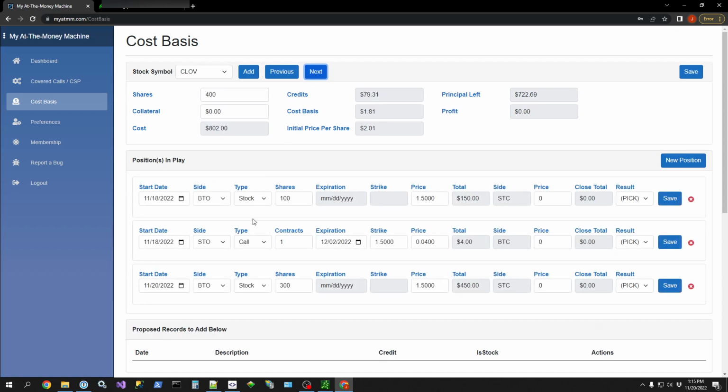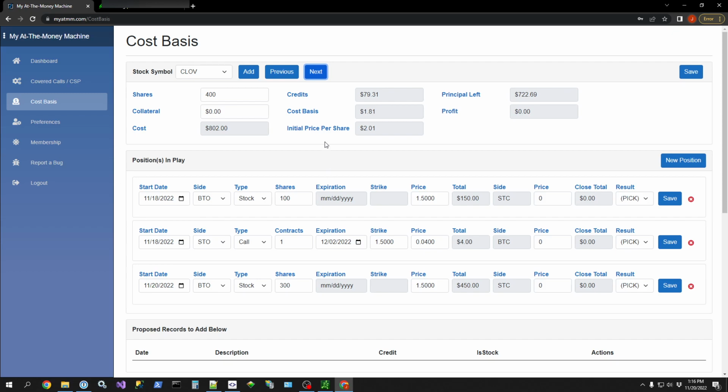All right, here we had a call, but this one, okay, this is unclosed. This is the one that I had to roll, so 12/2. So Thanksgiving week, there wasn't much premium being sold on this one, so I did move it out to the following Friday. So I'll probably do the same thing with this one when I go to start placing the trades in queue to execute tomorrow morning, Monday morning.